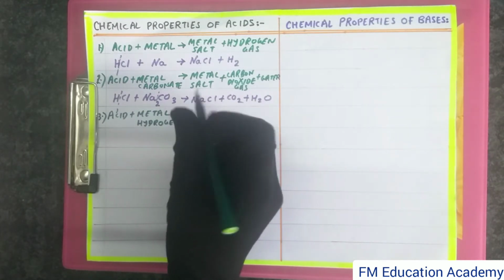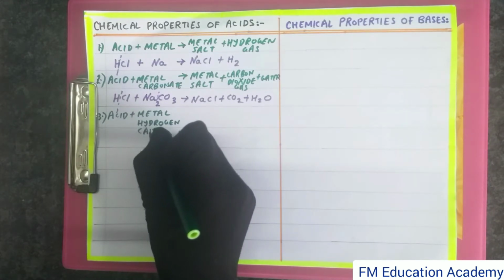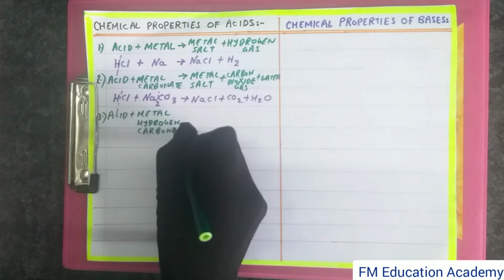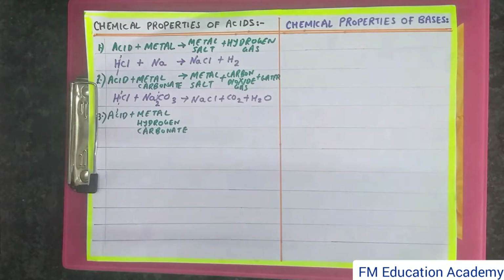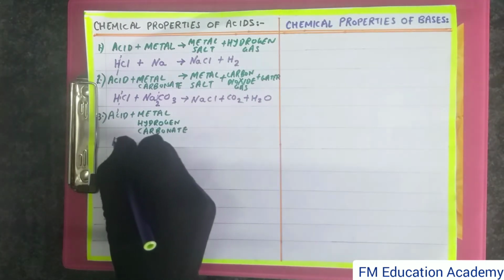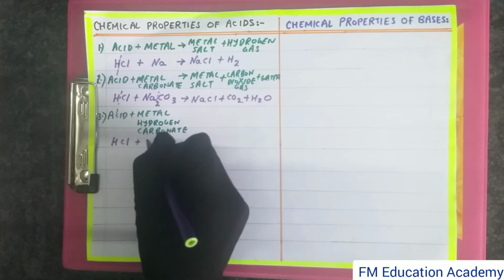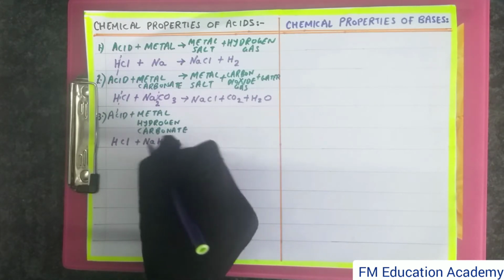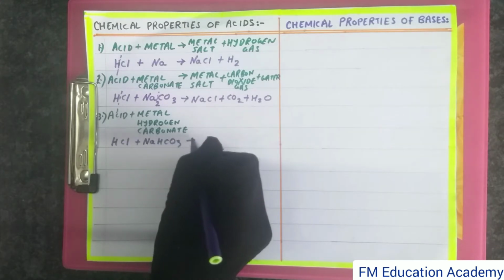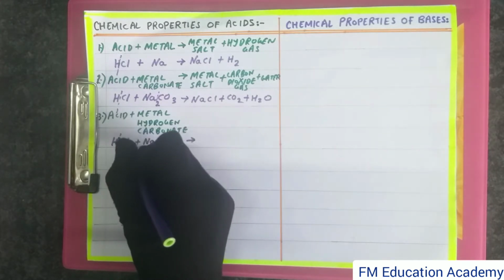The third reaction is acid reacting with metal hydrogen carbonate to form what? I'll take here also HCl. So when HCl reacts with metal hydrogen carbonate, meaning NaHCO3, what is formed? Here also it will split.